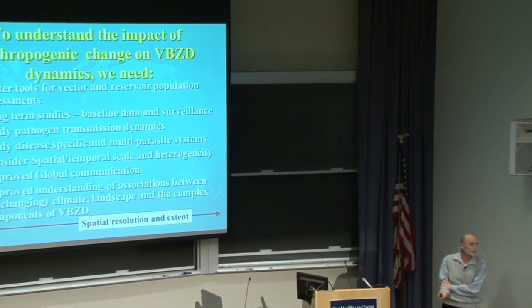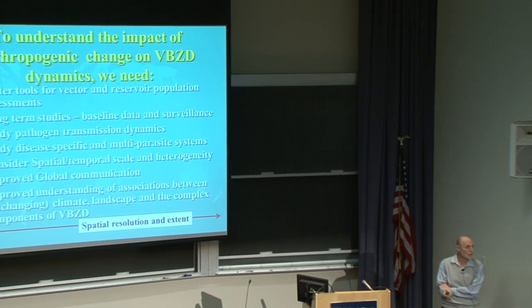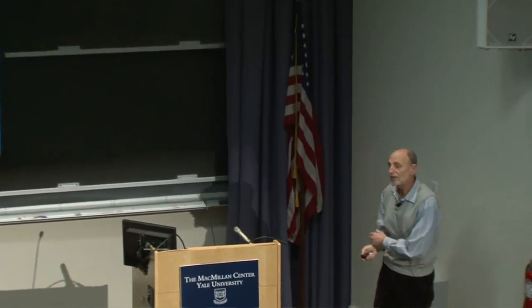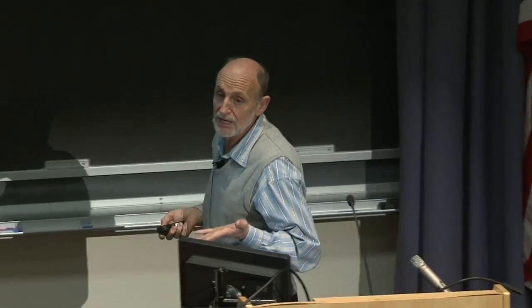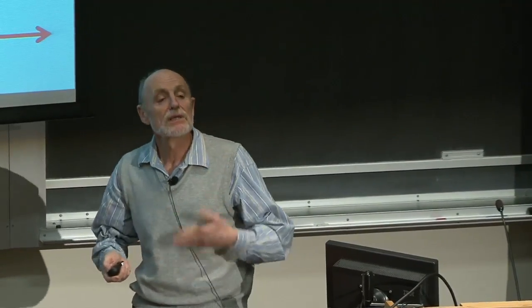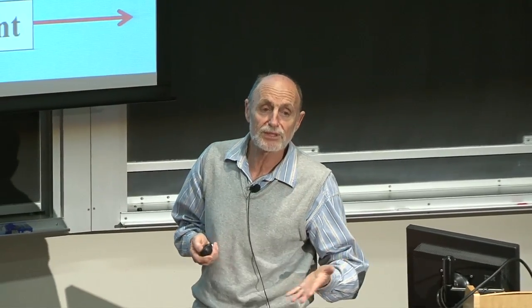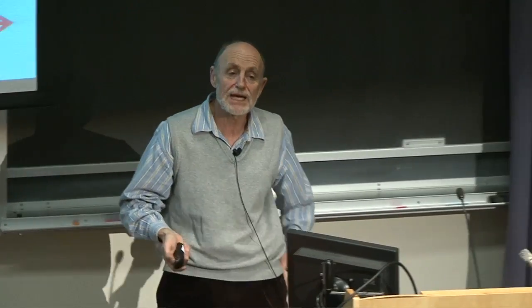How vectors impact the behavior of the reservoir host, or the development of the virus or the protozoan that we are looking at? We really have to know much more about those before we make predictions about how changes in climate, including the complexity of those changes, will impact something as complex as transmission of a vector-borne zoonosis.